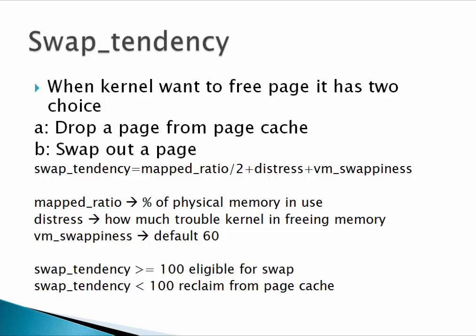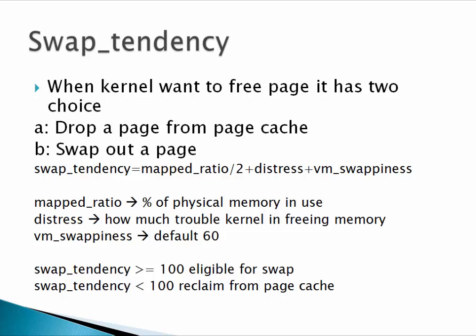Let's say I start a process which requires some amount of memory. It asks the kernel to allocate some amount of memory. Now the kernel has two choices: either drop a page from the page cache, or move an existing page to swap. So the kernel uses an algorithm called swap_tendency. If the output of that algorithm comes out greater than 100, then that page is eligible to be swapped.